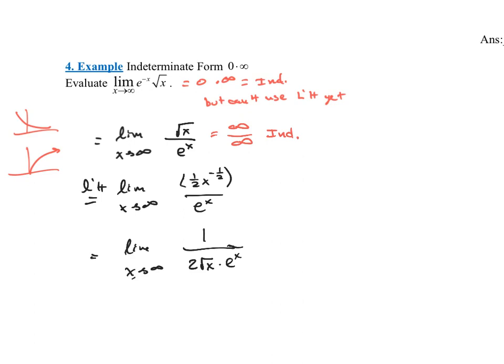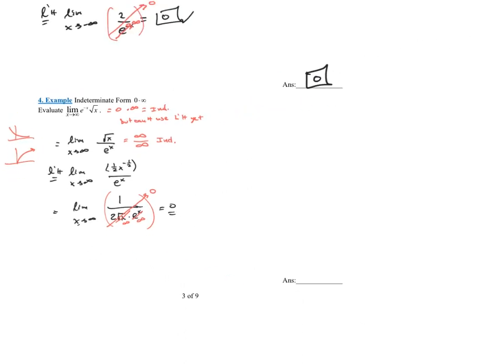Now let's think about what happens as x goes towards infinity. The square root of x goes towards infinity, the e to the x goes towards infinity, so the entire denominator goes towards infinity. If the entire denominator goes towards infinity and the numerator is fixed, so you're getting a bigger and bigger number on the bottom, same number on top, this entire thing has to approach a value of 0. Okay? So there's our limit right there using L'Hopital's rule.